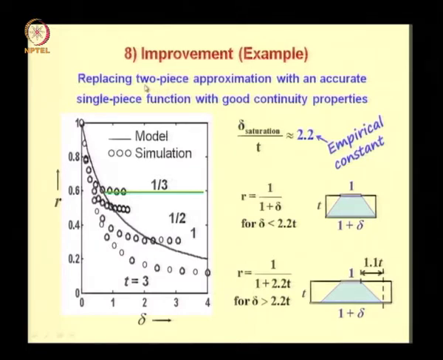Now let us consider replacing the two piece approximation with an accurate single piece function with good continuity properties. Note that in the process of incorporating the saturation resistance we have also incorporated the T by G dispersion, because the value of the saturation resistance depends on T. So as T changes the saturation resistance also will change.